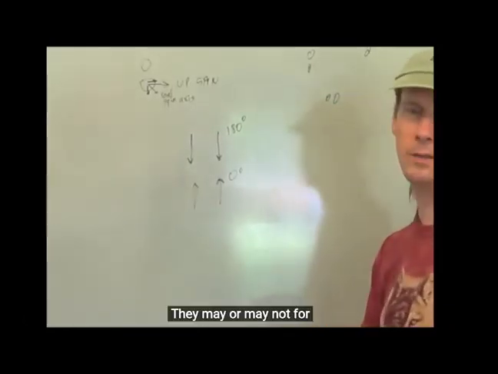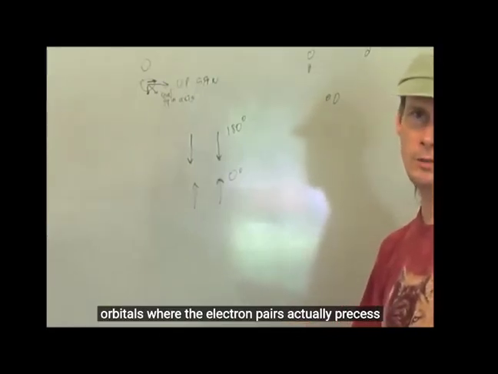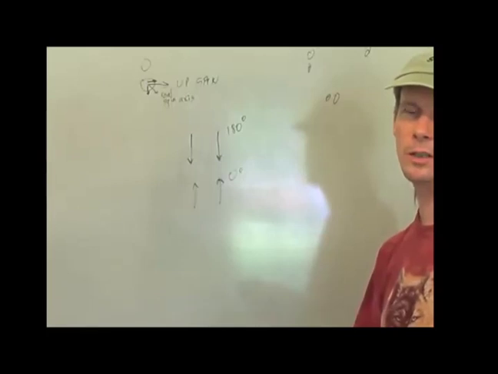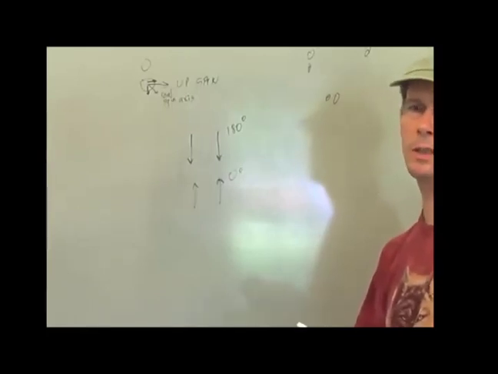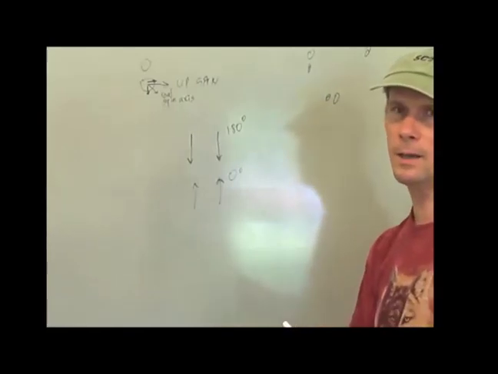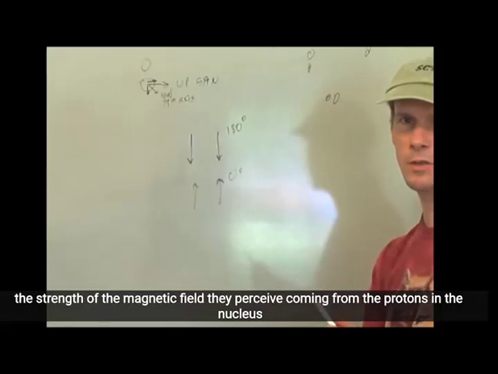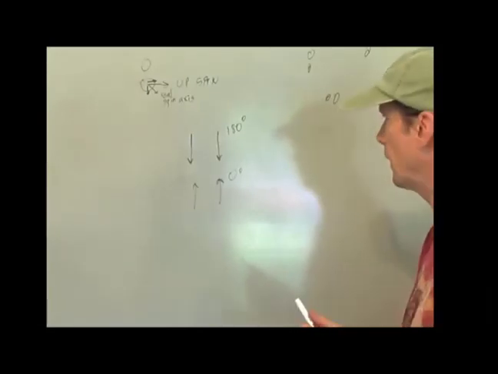They may or may not for orbitals where the electron pairs actually precess at a different frequency from one orbital versus another. That's going to be dependent on the strength of the magnetic field they perceive coming from the protons in the nucleus.